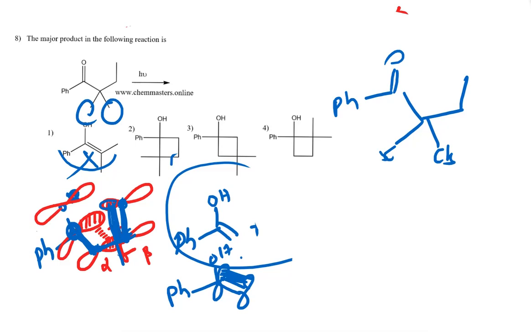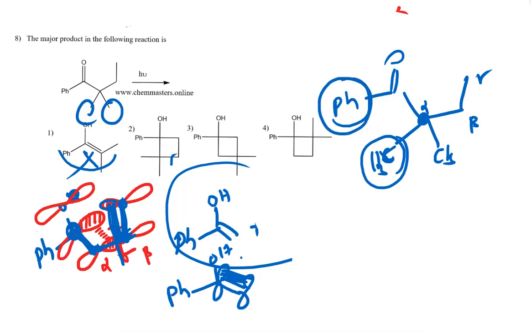So we can say alpha, beta and gamma. Whenever the alpha carbon has bulky groups, we see steric repulsions between the phenyl group and these methyl groups. Whenever steric repulsions are observed, there will be no planarity between the carbonyl carbon, alpha, beta and gamma carbons. So the deviation can be seen.